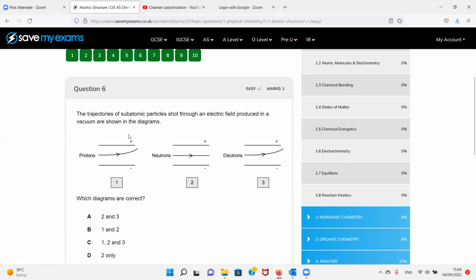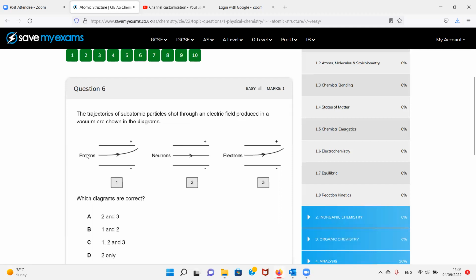Question 6 says the trajectories of subatomic particles shot through an electric field produced in a vacuum are shown in the diagram. So basically here you have protons or charged particles that are shot through an electric field. And the rule here is that as these particles are shot through the electric field, they'll be deflected according to their mass and their charge, based on the charge to mass ratio.